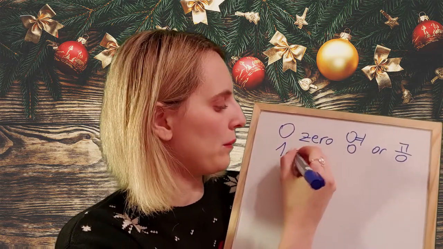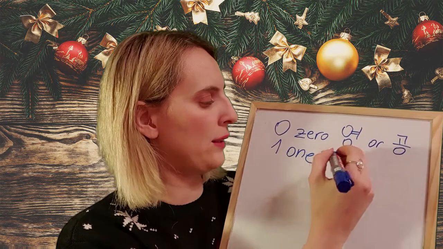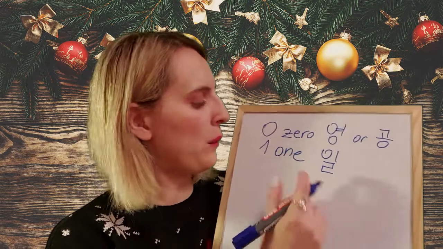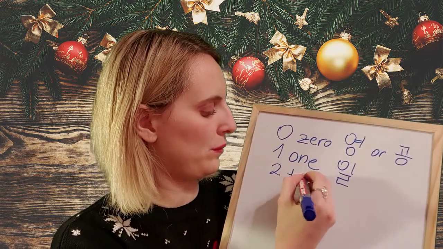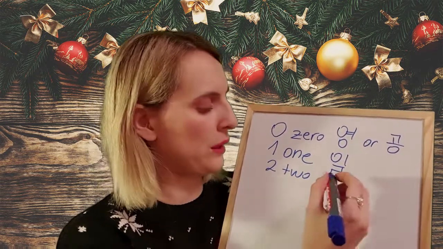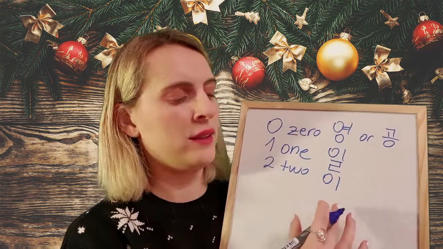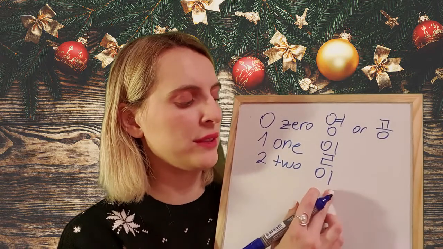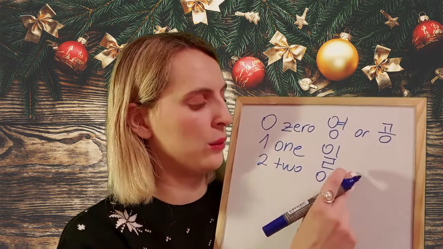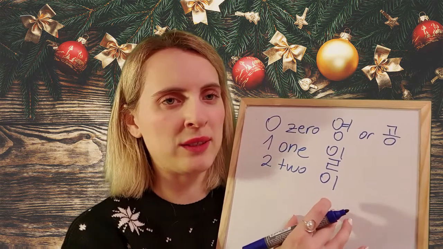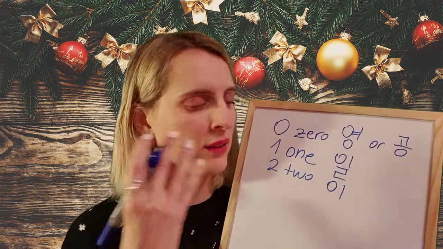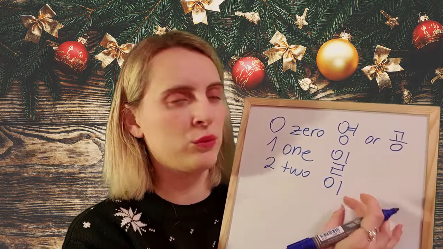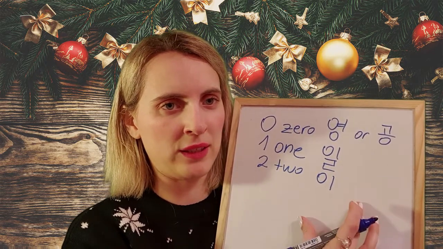Then we have 1, and 1 is il. Then we have 2, and 2 is e. For me, when I was learning Korean numbers, it was confusing. I was always saying that 1 is e and 2 is il, because in my head il should be for the number with more letters and 2 with fewer letters.